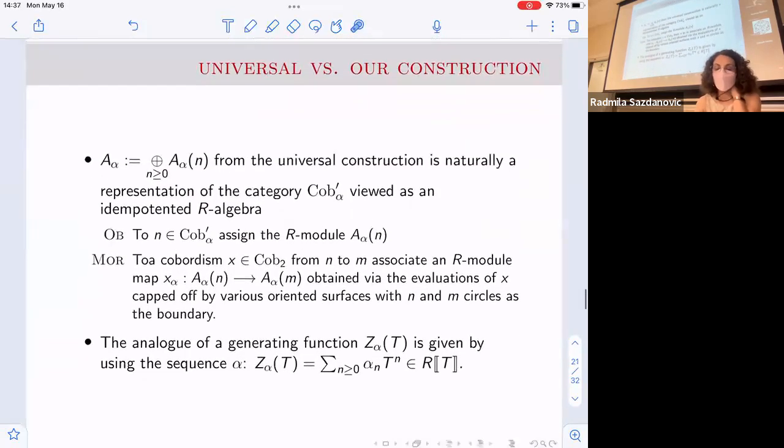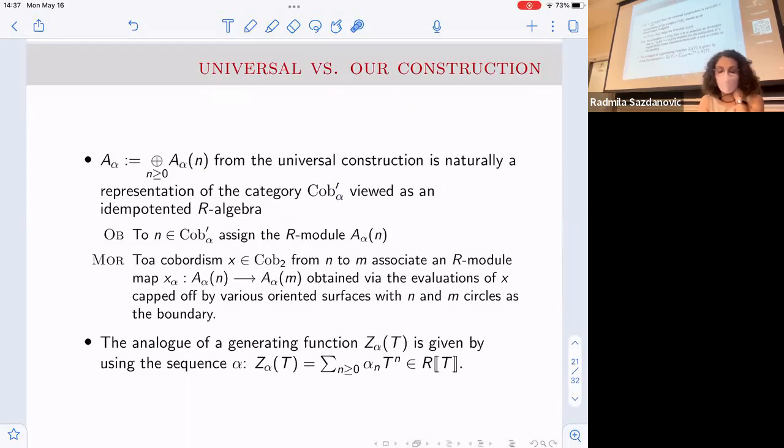Okay, so what's the relation? Let's go back to the universal construction. What's the relation of what we have done now to what was before? So this space A of alpha is actually just the direct sum of the state spaces A sub alpha of N, where N ranges from 0 to infinity, from the universal construction. And that gives us a natural representation of this category Cob alpha prime.